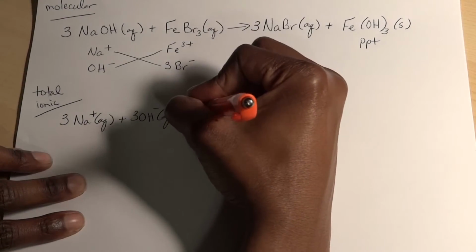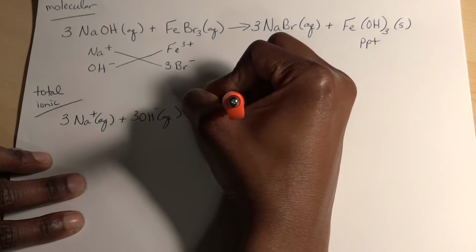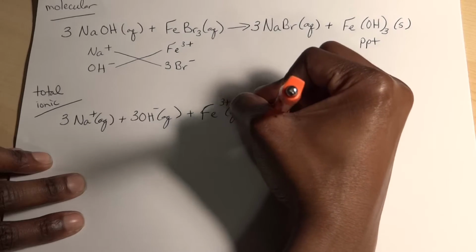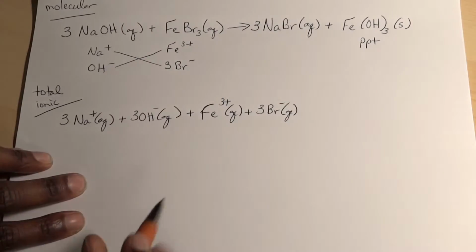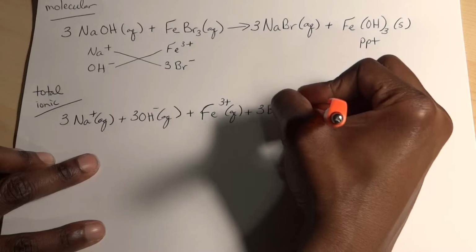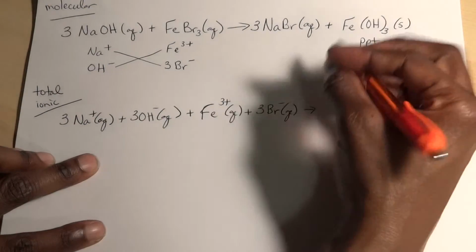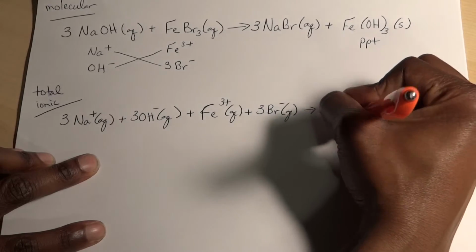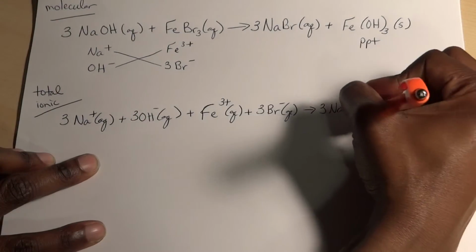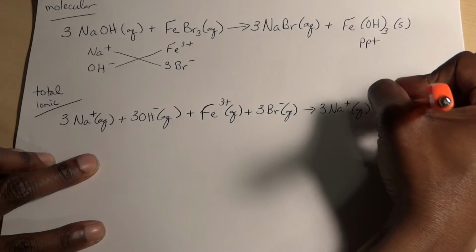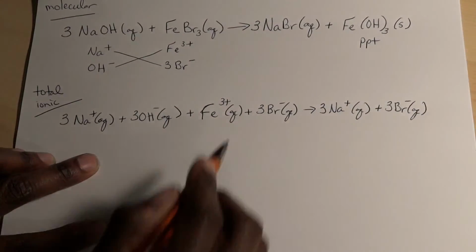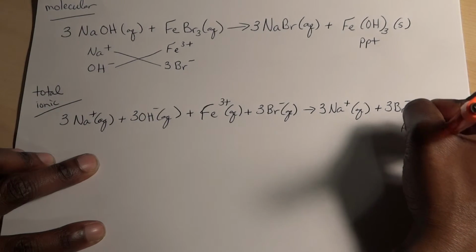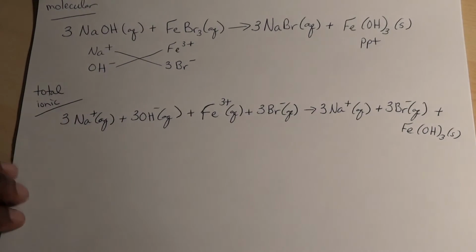We have Fe 3 plus aqueous and 3 bromides. Okay, so that's this side. Yields, same thing with sodium bromide: 3 Na plus aqueous and 3 bromides aqueous. And then we're going to leave the iron 3 hydroxide the way it is.